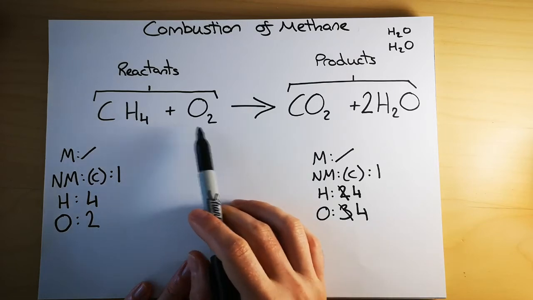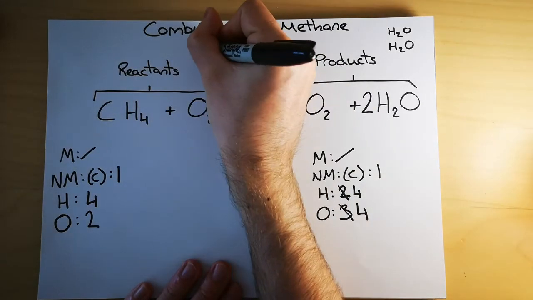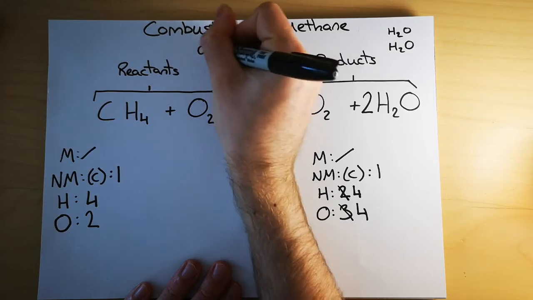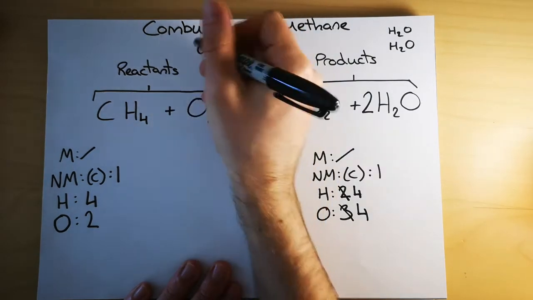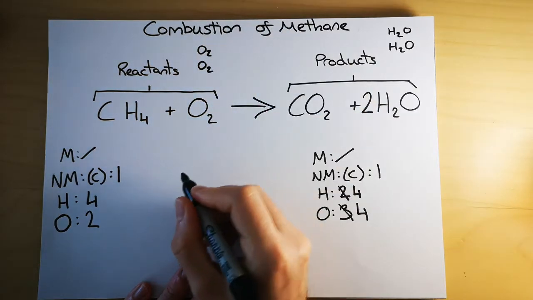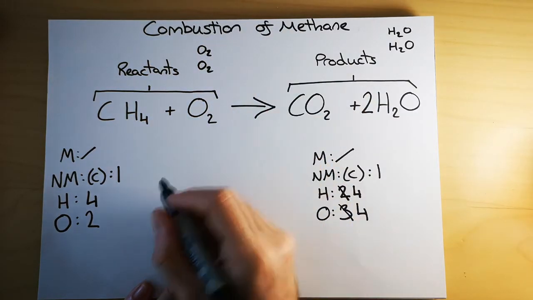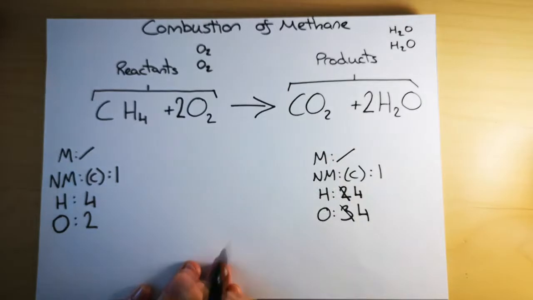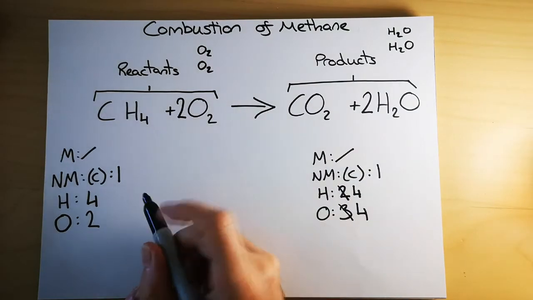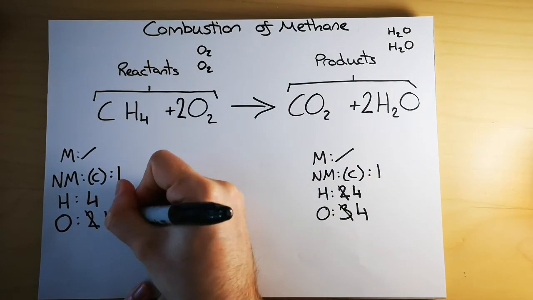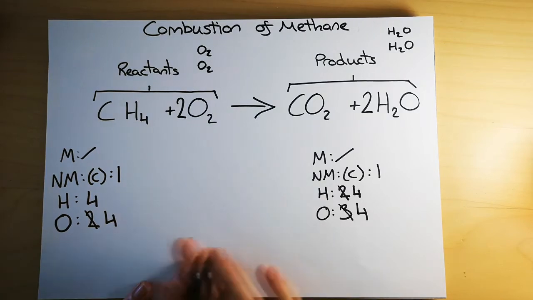I've got 2. This is my molecule of oxygen here. So I really need 2 of these to get to 4 atoms of oxygen. So all I need to do is put 2 there. 2 times 2 is 4. Change that to 4. And that is my balanced equation.